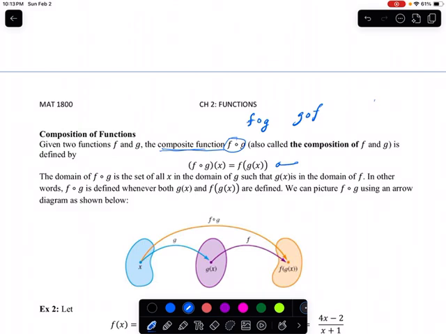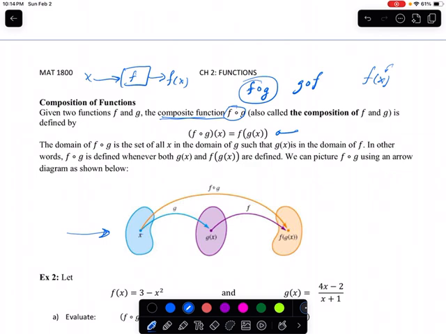Remember, x is the independent variable or input, and f is the function. In other words, when x is input in the function machine whose name is f, it spits out f of x as the output. So in our function f composed with g, this is how it goes. This picture can help you understand.